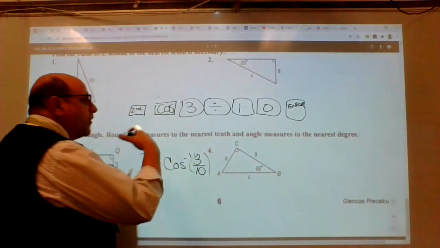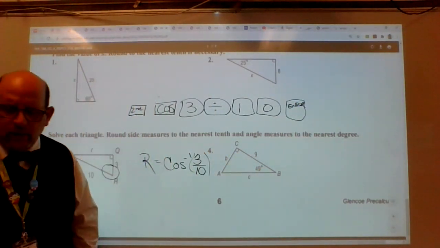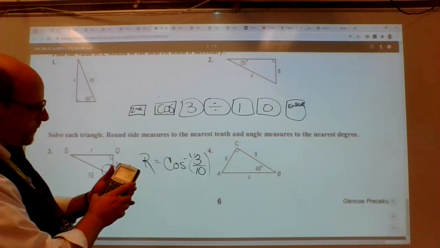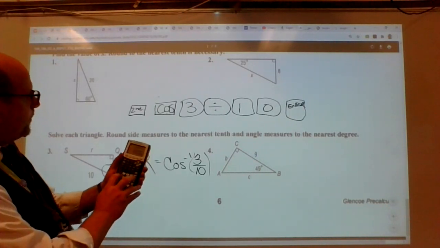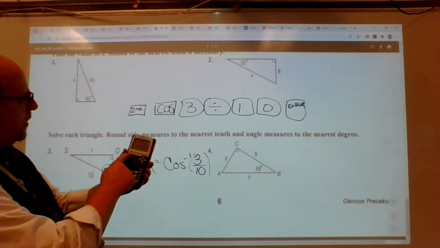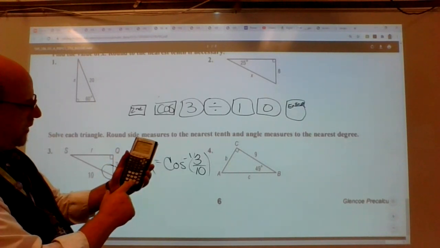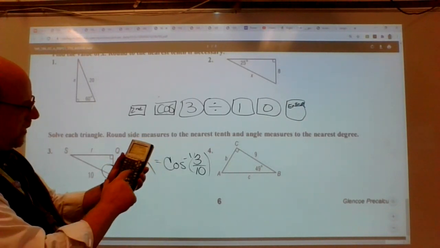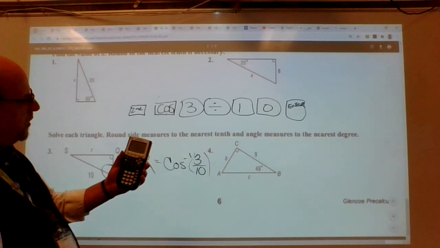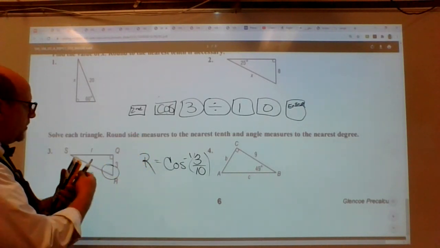There you go. Those are the keystrokes in the calculator. Here, I'll show you. Just kidding. Second, cosine 3 divided by 10. There it is, 72.5 degrees.